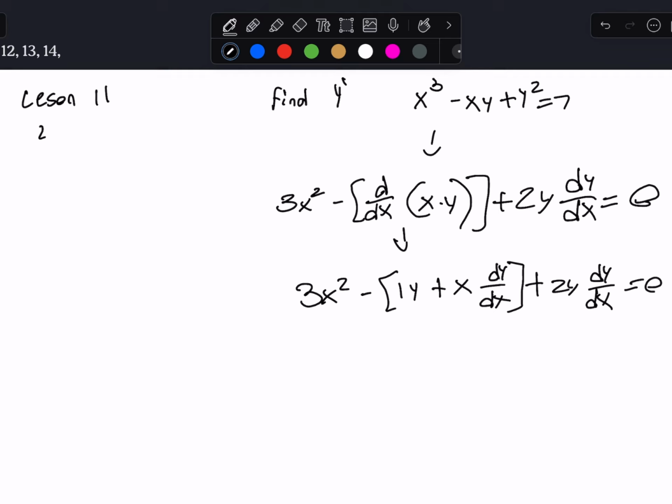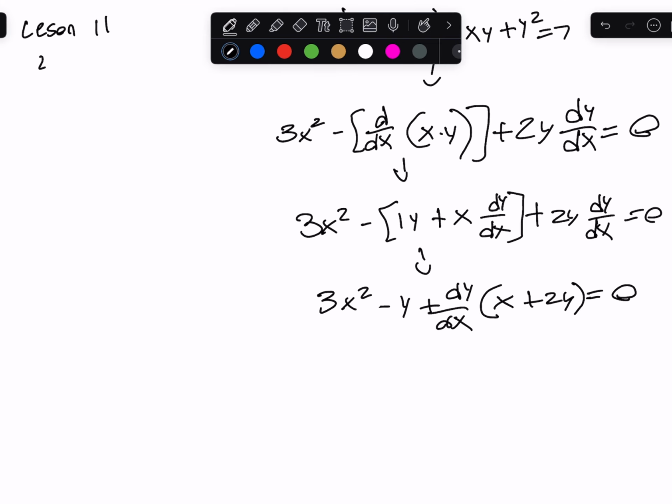So now we continue to evaluate the equation. So you get 3x squared minus 1 times y plus dy over dx, parentheses x plus 2y equals 0.